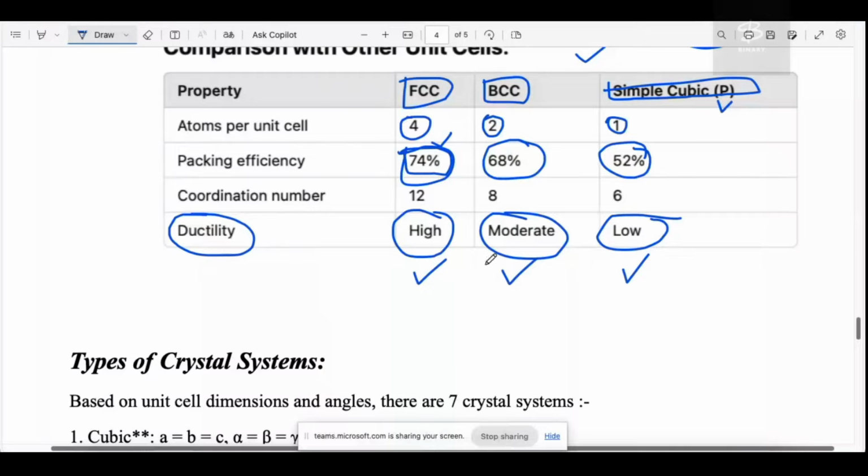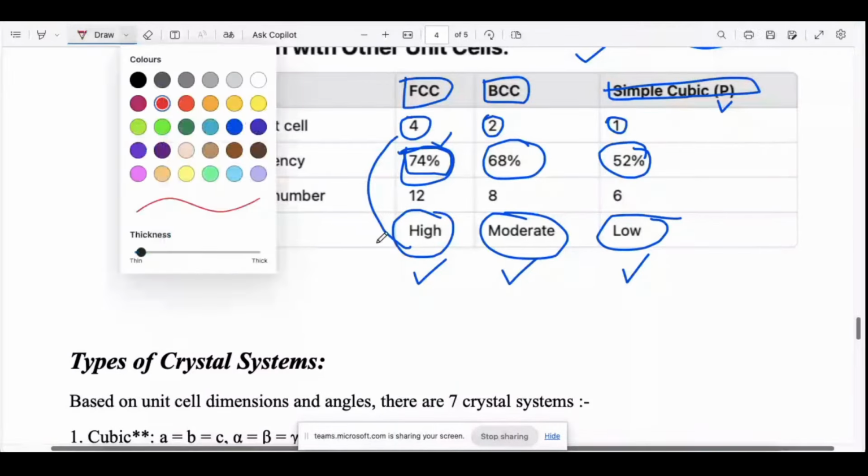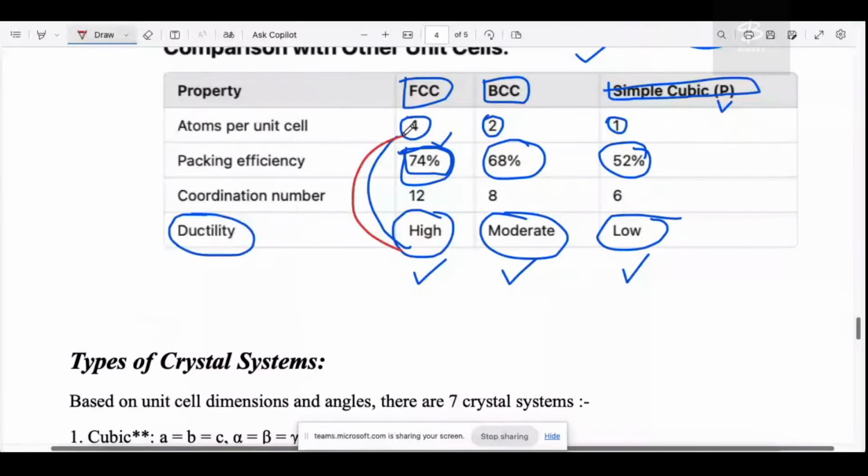So you can directly correlate with the number of atoms present here. See here, 4, 2, here is 1. Got the idea? So the number of atoms is directly related; it's just one simple example.